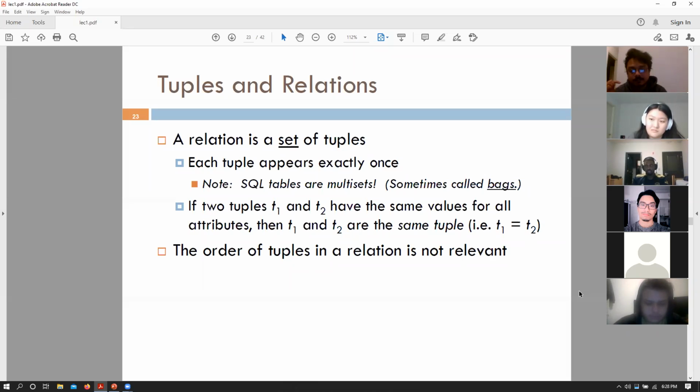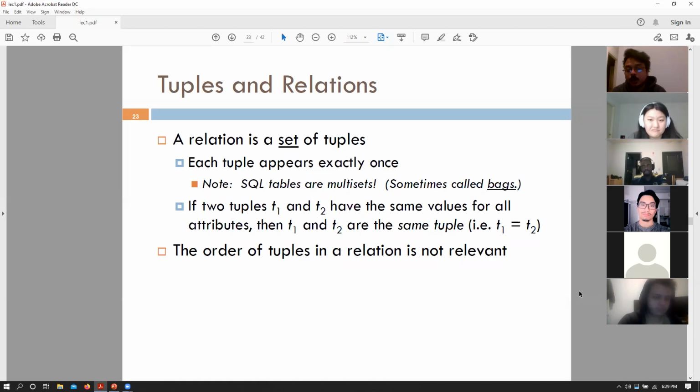Formally speaking, two tuples can be the same if and only if they are referencing the same tuple. Otherwise, they cannot be the same. So we need to be clear in our communication as to what we mean and what different terminologies mean when we are talking about these database management systems, right?